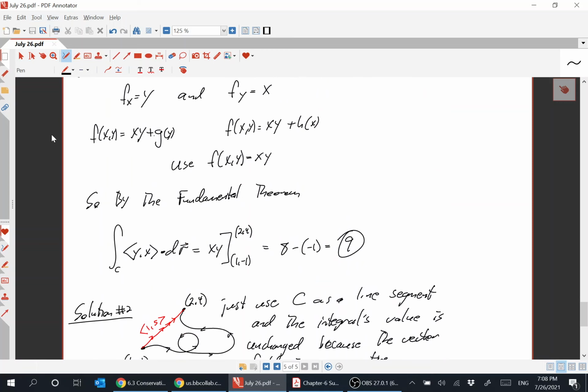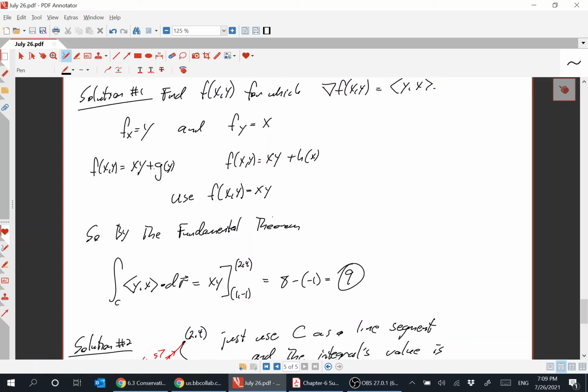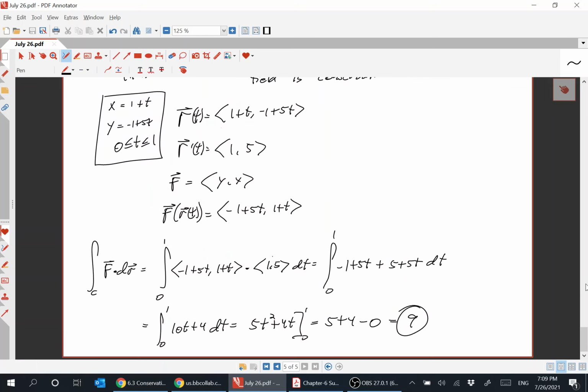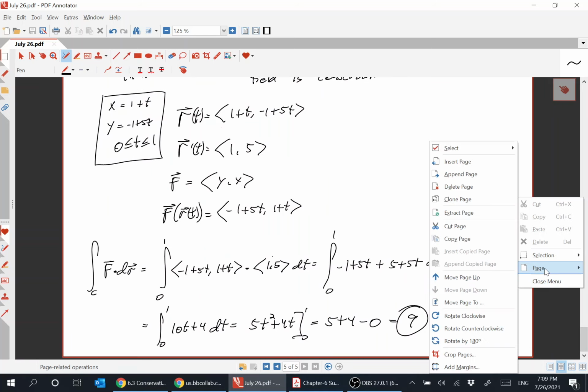I would recommend just using the fundamental theorem, but for whatever reason, I get about half the class that does it one way and half the class that does it the other way. Although it's easier to make a mistake, I think, in this second type of solution. But you guys are all careful and you double check your details, so it shouldn't be a problem. But I think solution one is easier. It takes less work.